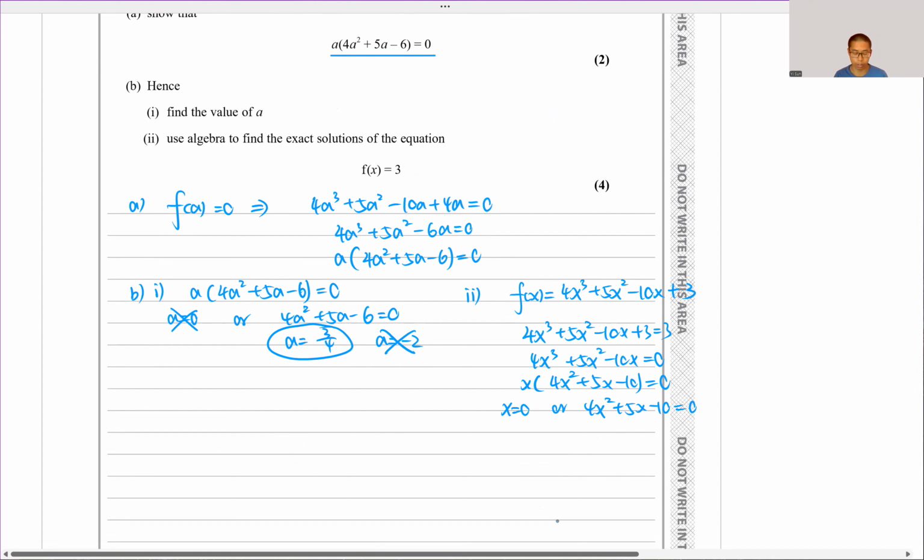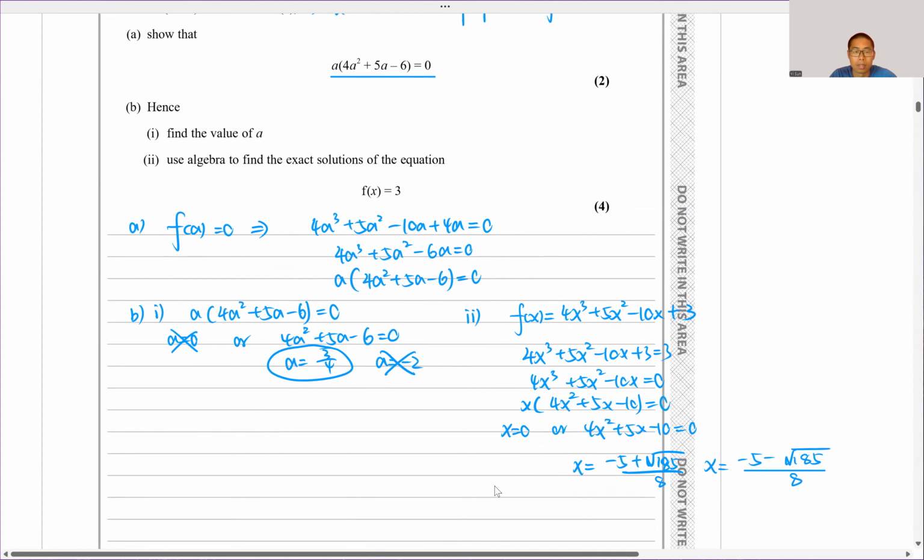So 4, 5, and negative 10. So we have x is equal to negative 5 plus square root of 185 over 8, or x equal to negative 5 minus square root of 185 over 8. And since they want us to leave it as an exact value, that will be the final answer.